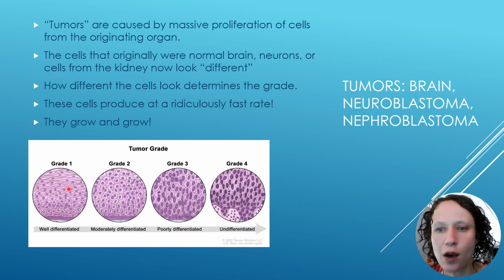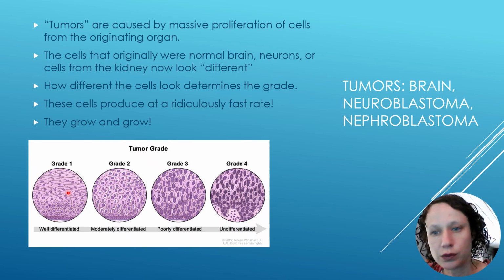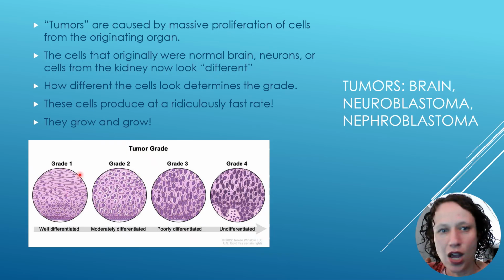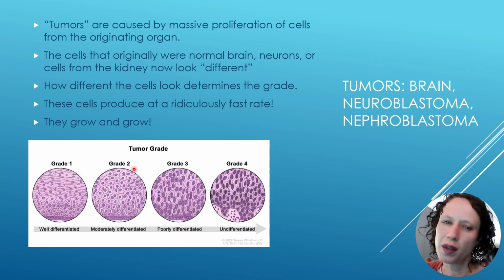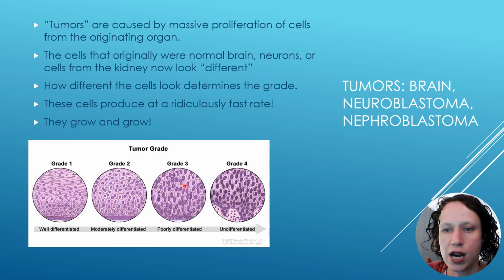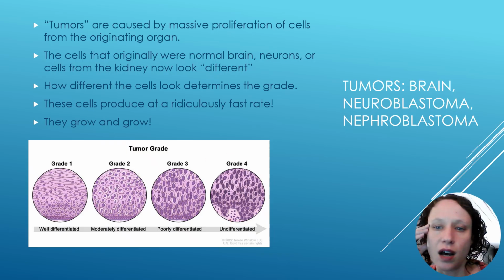And so that is how we can tell just how bad the cancer is, what it's really trying to tell us, right? So we look and we're like, it's pretty well differentiated. Ooh, it's a little bit differentiated. Oh, it's poorly differentiated, and it's undifferentiated. And this gives us an idea of how far along towards cancerous cells we are, right?